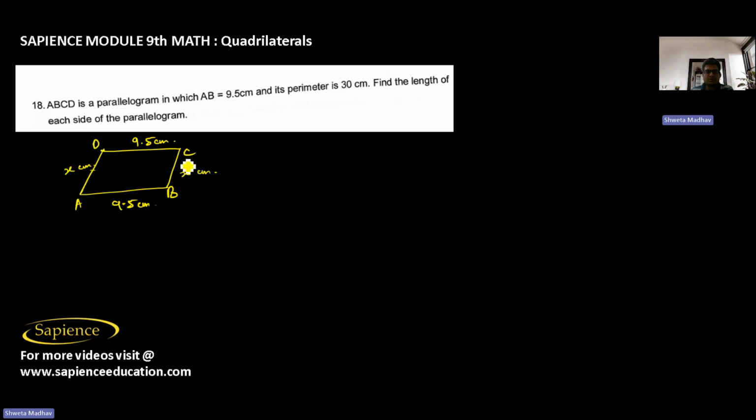Since we know that the opposite sides of a parallelogram are equal, the perimeter of parallelogram ABCD is equal to 30 centimeters, as given. Therefore AB plus BC plus CD plus DA equals 30 centimeters.